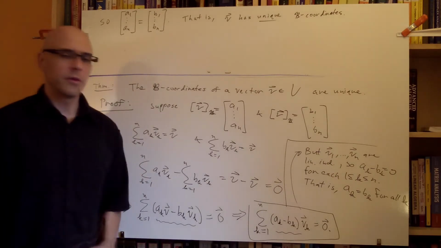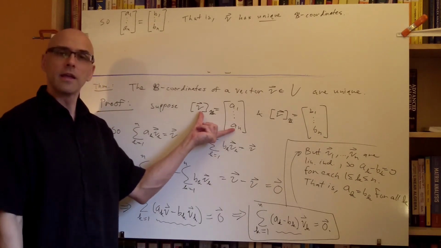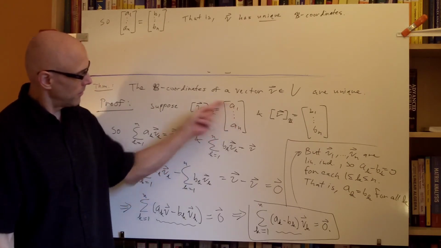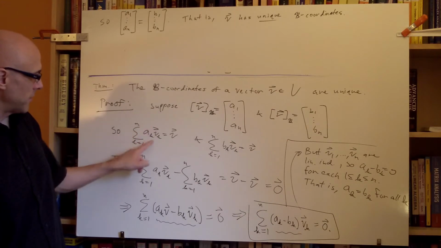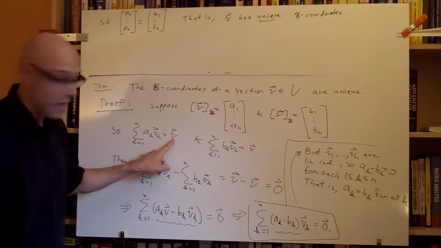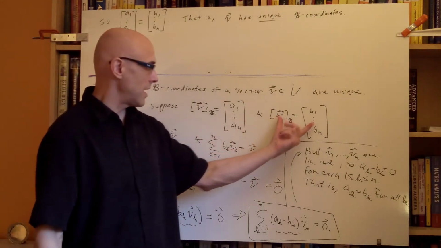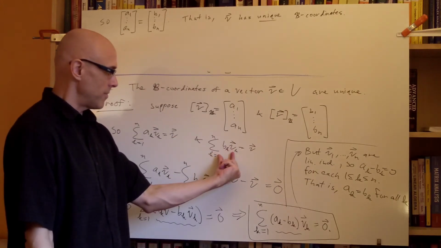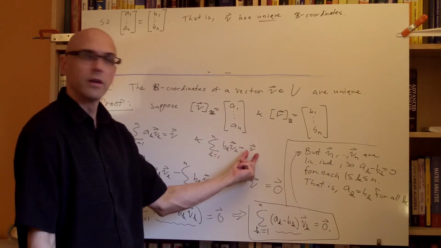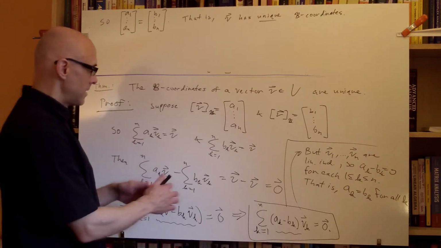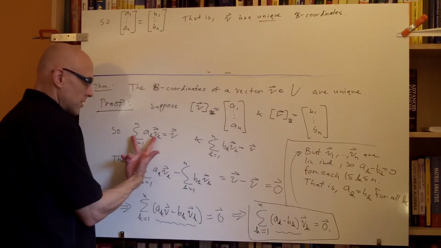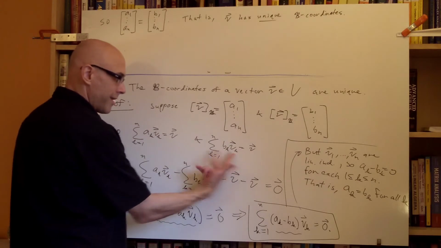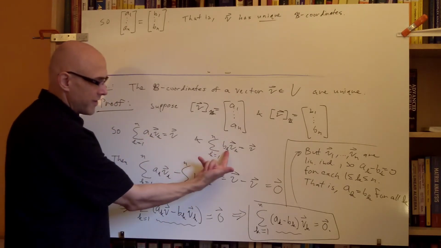Now just bear in mind that when you write something like this, it means that this linear combination of the basis vectors v1 to vn is equal to the vector v. And when you write this, you're saying that this linear combination of the basis vectors is equal to the vector v. And it is not an immediate thing that these two linear combinations have exactly the same coefficients.